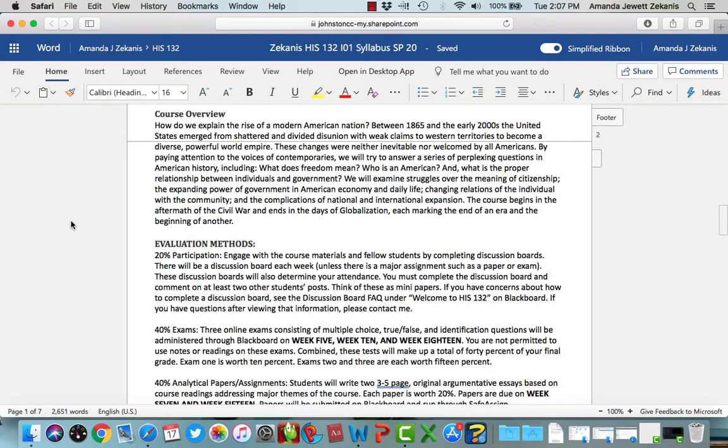We are going to examine struggles over the meaning of citizenship, the expanding power of government in American economy and daily life, changing relations of the individual with the community, and the complications of national and international expansion. The course begins in the aftermath of the Civil War and ends in the days of globalization, each marking the end of an era and the beginning of another.